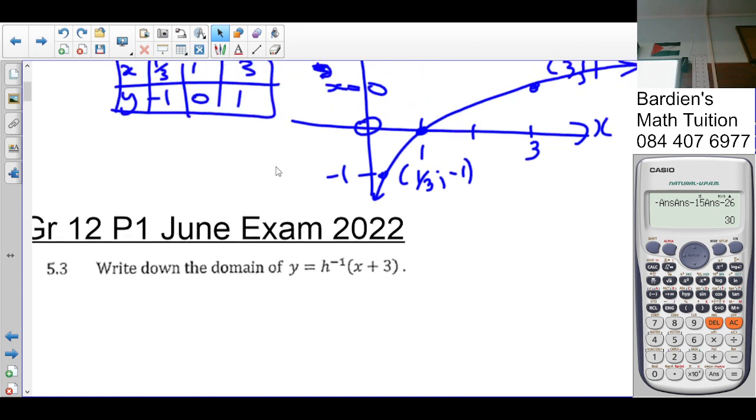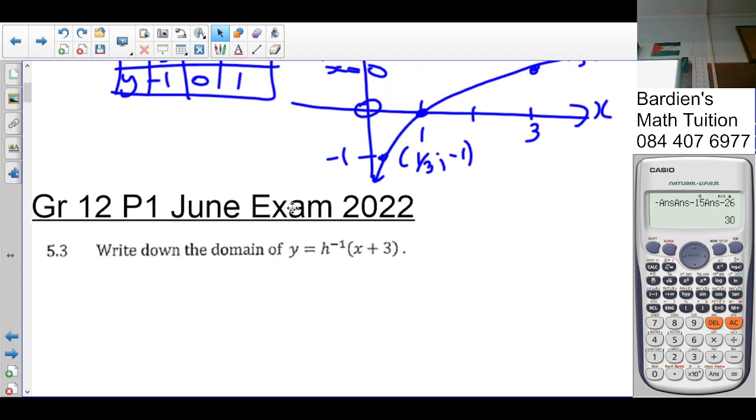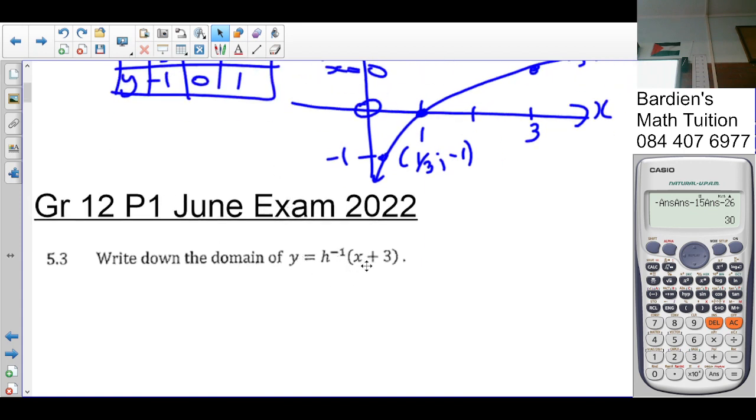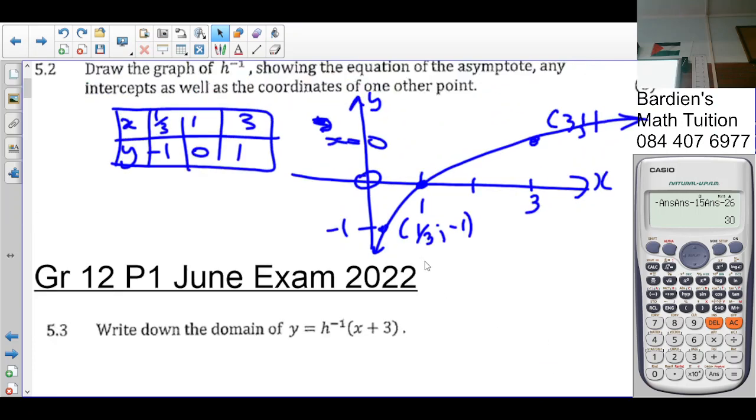In question 5.3 it says write down the domain of this. So what effect does the positive 3 have on this graph? The graph is going to move 3 units to the left. Which means to say the asymptote also moves 3 units to the left. But if you look at the h of x function, what is the domain of the inverse function here?